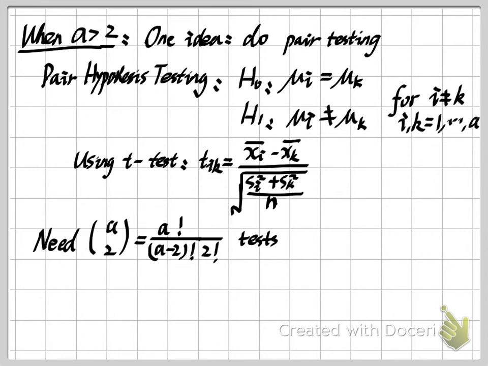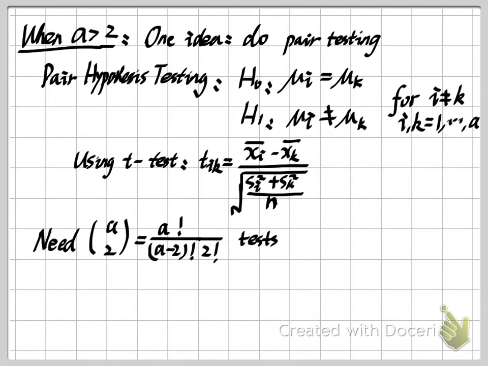We talked about this already in our previous lectures. In the numerator is A factorial, divided by (A minus 2) factorial and 2 factorial. So this number can be really, really large when we have a really large value of A. In this situation, there are too many tests we need to finish to check the effect of the treatment.